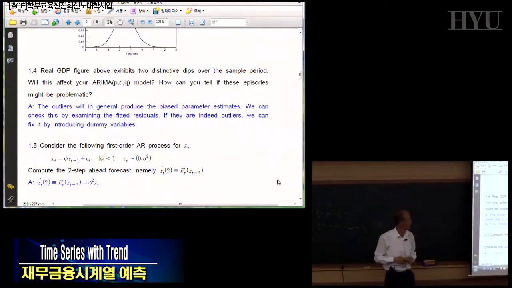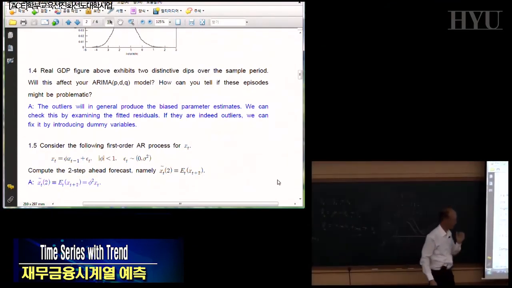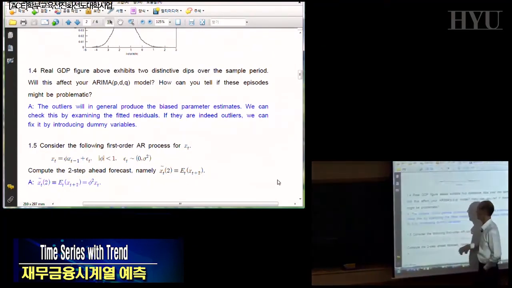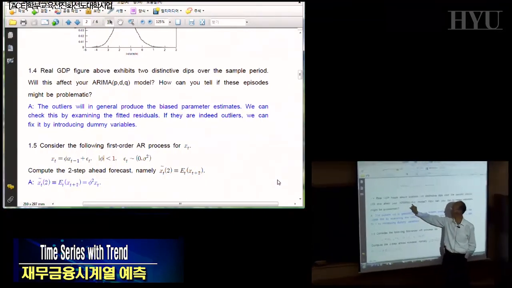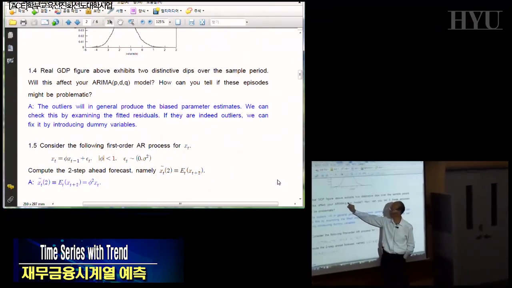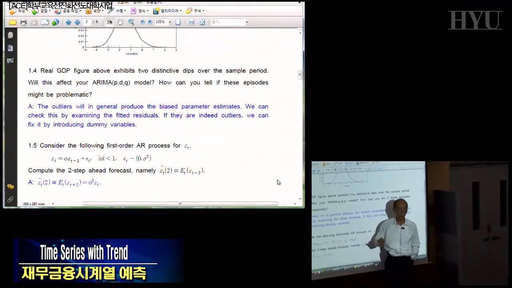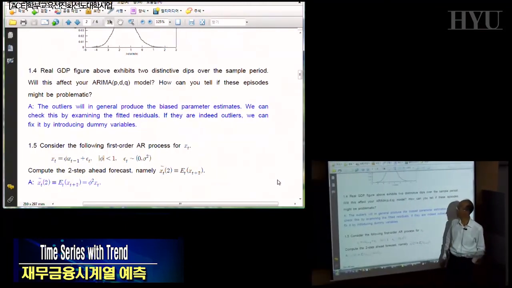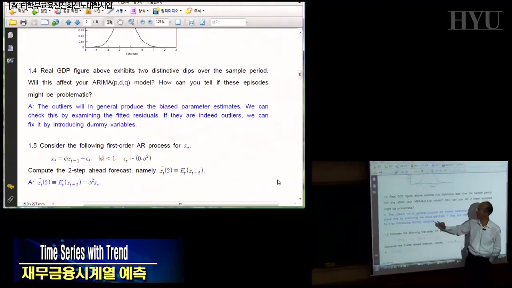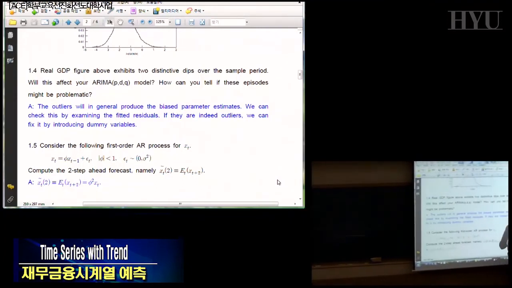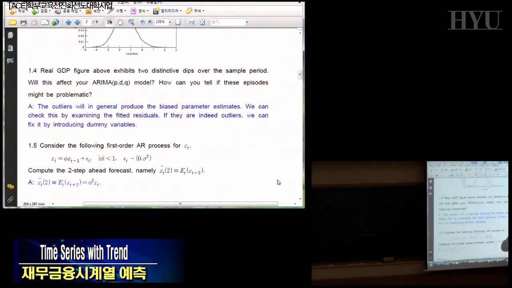So in that case, even if you are finding d equals to 1, which is different stationary time series, still you have to look at epsilon t, residual, having, let's say, big positive value or big negative value, right?